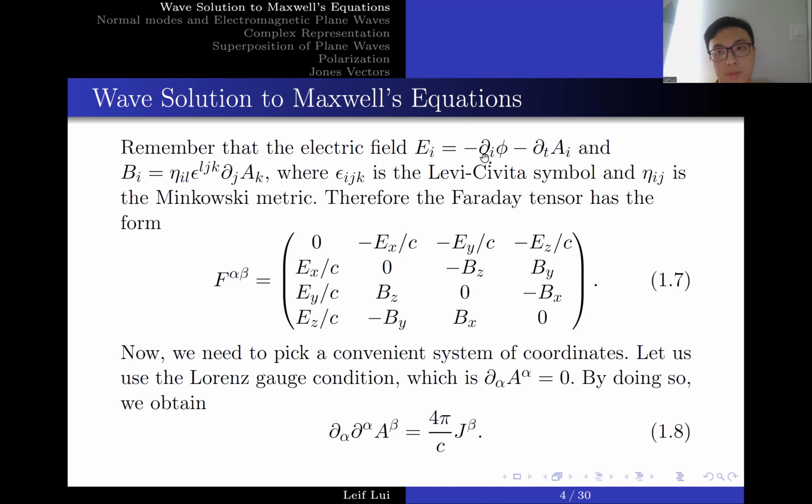So partial sub i with a scalar function will always yield a gradient. But if this phi term has an i index in the upper index, this will represent a scalar, right? Because the i index in the lower position and the i in the upper position cancel out. This will yield a scalar.